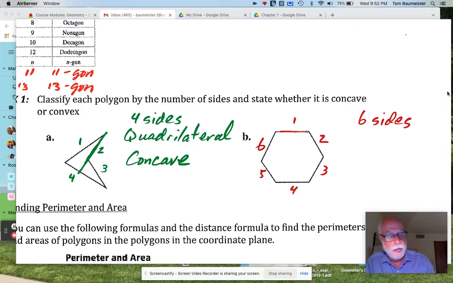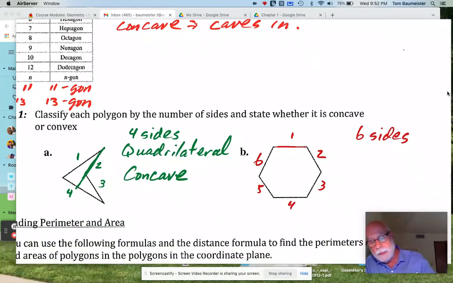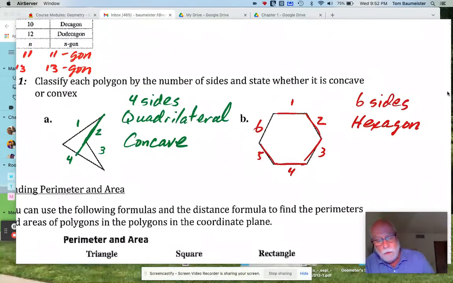A 6-sided one is called a hexagon. And if we go anywhere here, it will not go inside itself. So on this one, we would say it is convex.